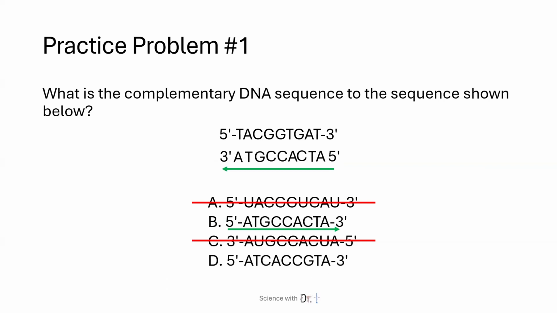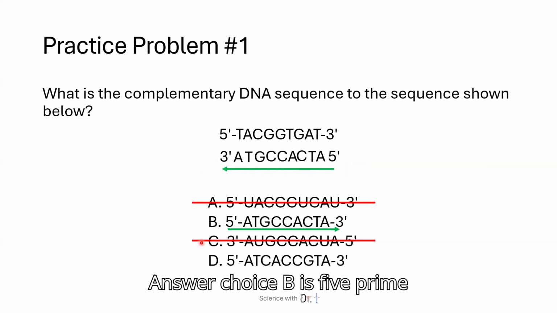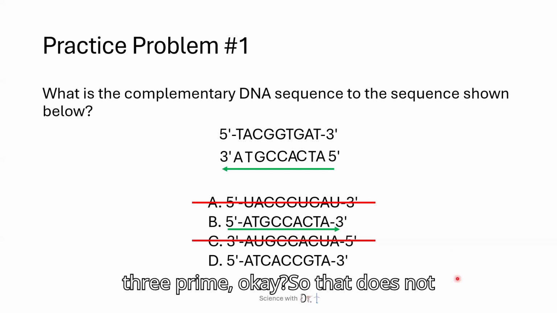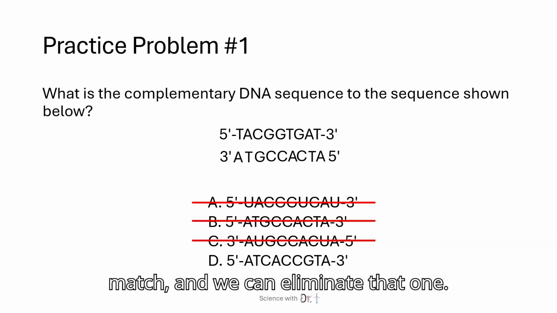Up top, what we wrote was 5' ATC ACC GTA 3'. Answer choice B is 5' ATG CCA CTA 3'. Okay, so that does not match, and we can eliminate that one.